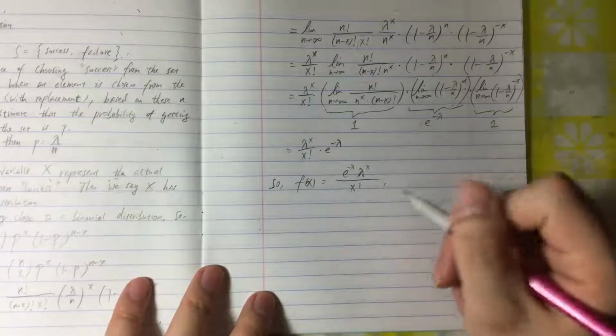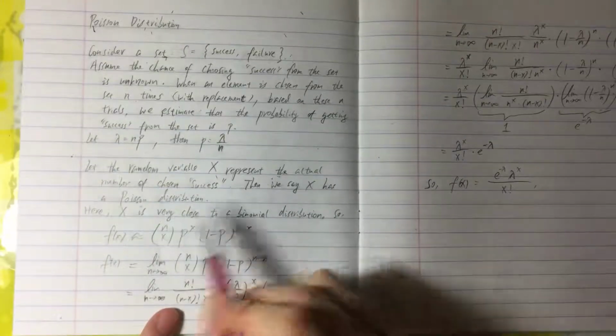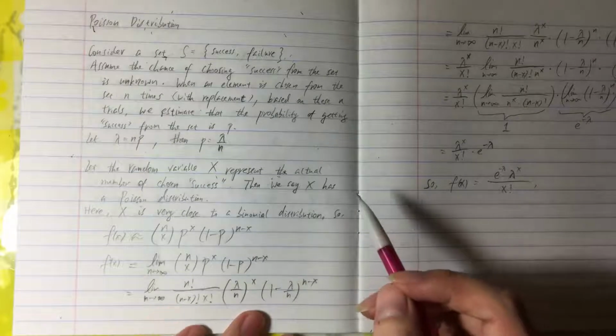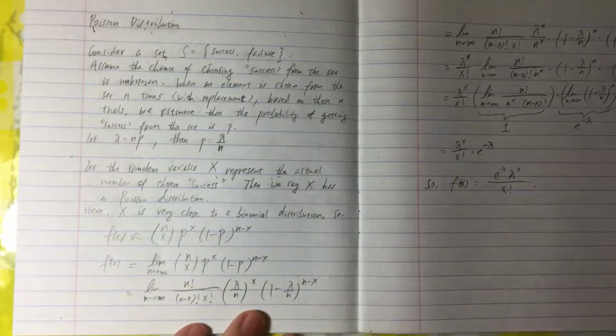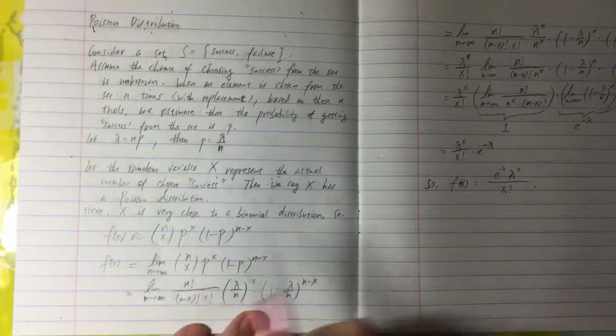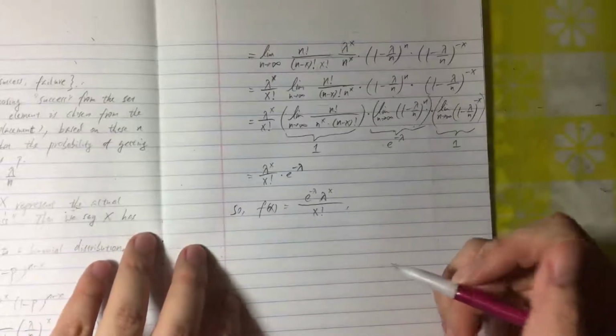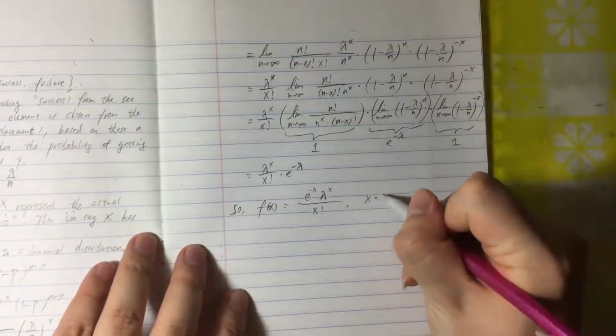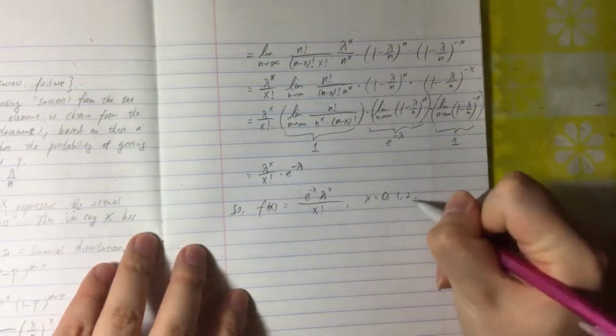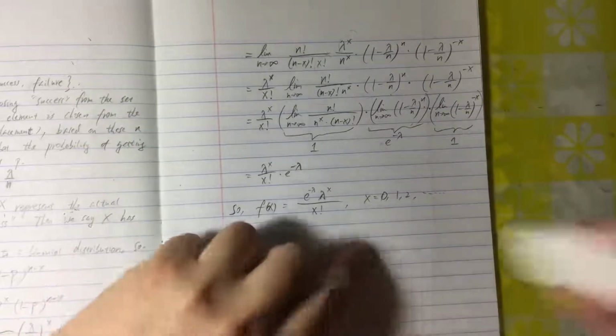And here, what could x be? x represents the actual number of chosen successes. Since n goes to infinity, the actual number of chosen successes could be 0, 1, 2, up to infinity.